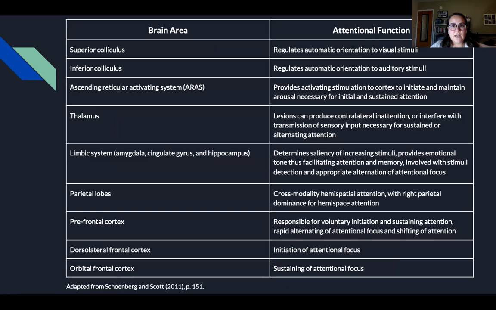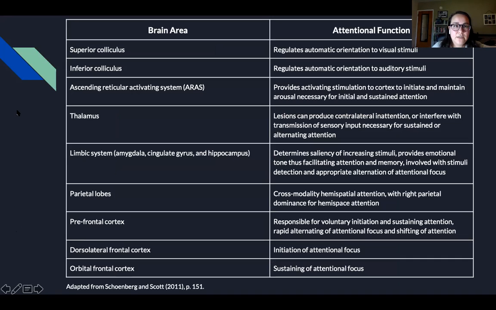And so this slide, I know this is a lot. You will not have to memorize this for the test. There will be some of these brain areas that I'll be talking about later in the lecture, but I'm just going to keep it really surface level and talk about the gist of what they do.